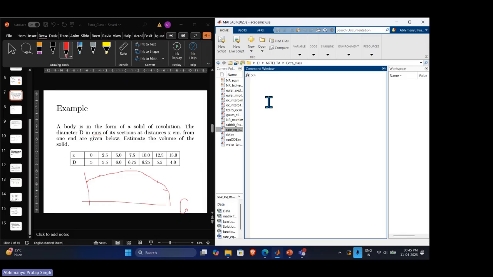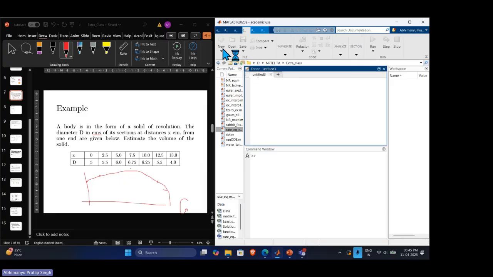So h, if I'm using the trapezoidal rule, then let me just create a new script. Then for the trapezoidal rule, my x is 0, 2.5, 5.0.